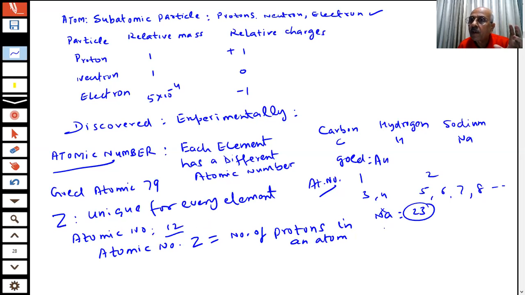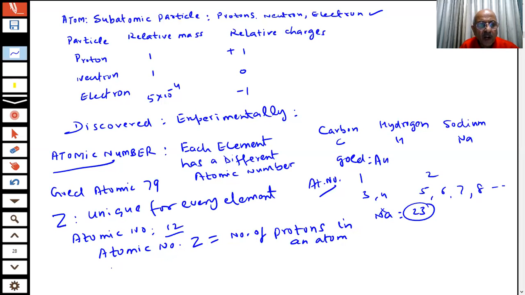Yes or no? Yes, sir. So if the atom has 12 protons, what is the atomic number? 12. If an atom has 15 protons, what is the atomic number? 15. So atomic number is equal to the number of protons present inside the atom.